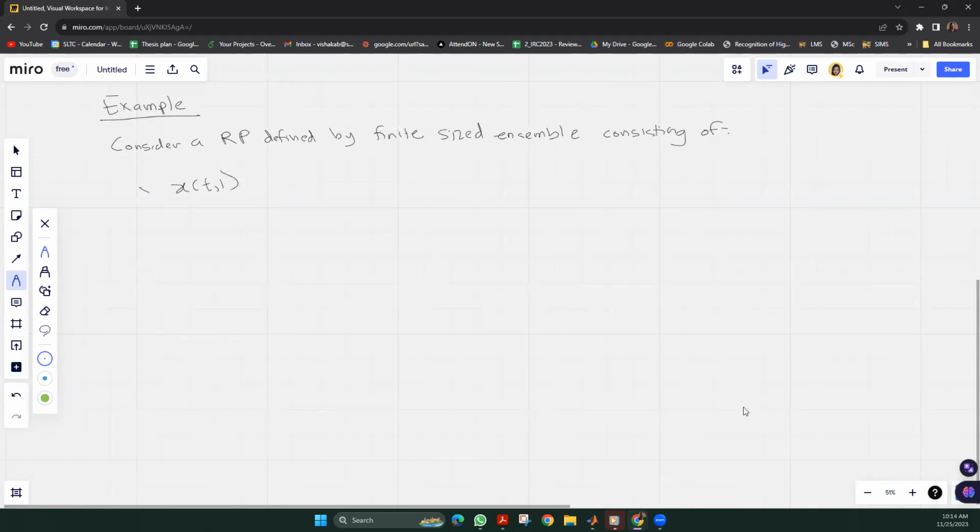One realization, x(t, 1), behaves according to the function minus 3 u(t), the unit step function.